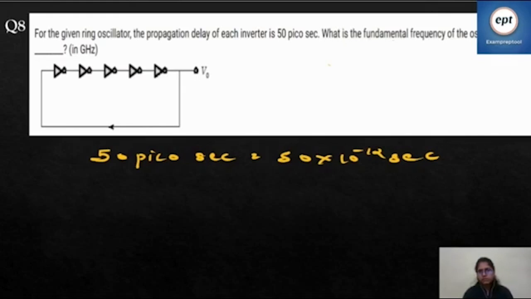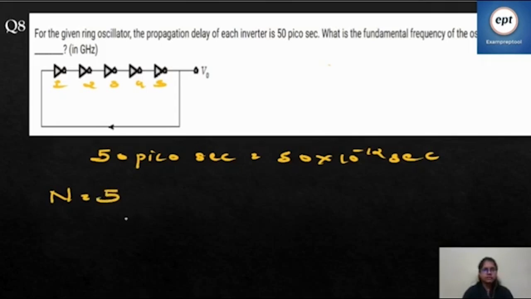What is the fundamental frequency of the oscillator output? So you have to find the frequency of the oscillator output. Here, how many NOT gates are given? Let's count: 1, 2, 3, 4, 5. So n, the number of NOT gates, is 5.